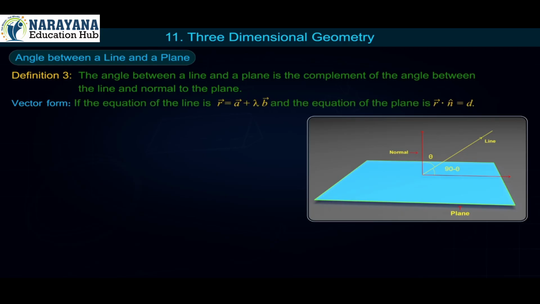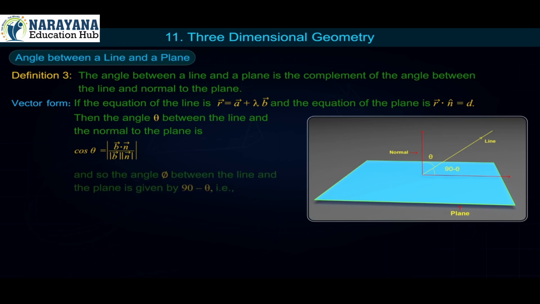Vector form. If the equation of the line is vector r = vector a + λ vector b, and the equation of the plane is vector r · n cap = d, then the angle θ between the line and the normal to the plane is given by cos θ = modulus of vector b · vector n upon modulus of vector b into modulus of vector n.